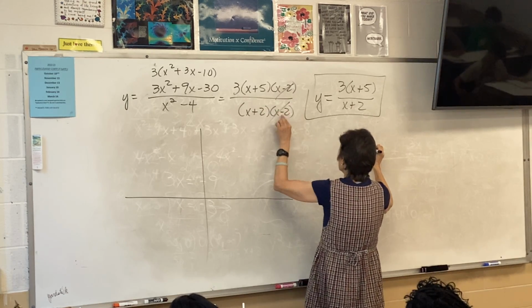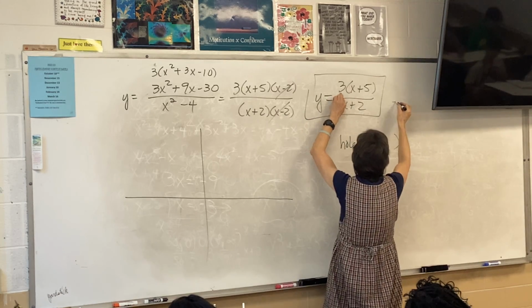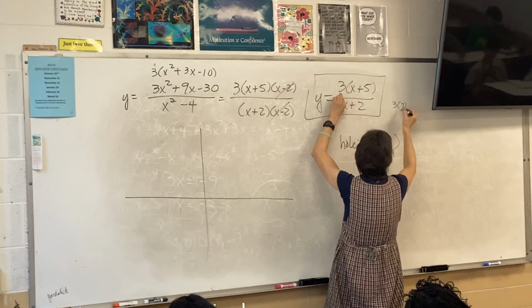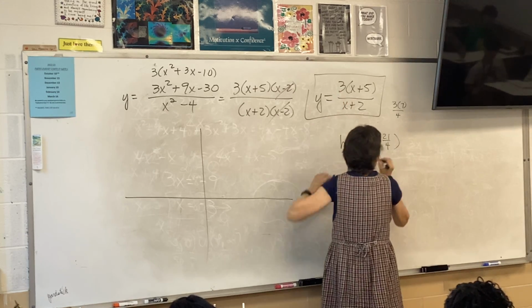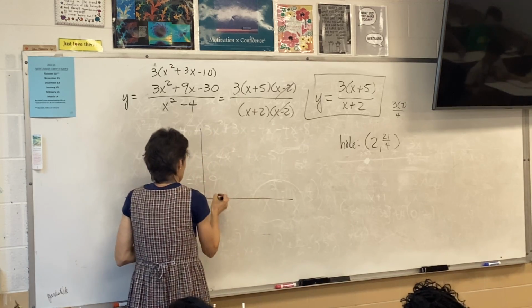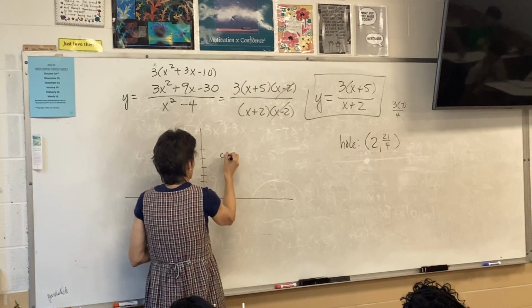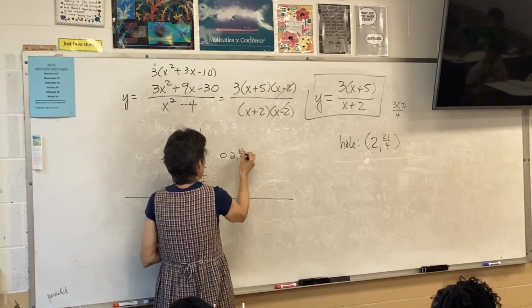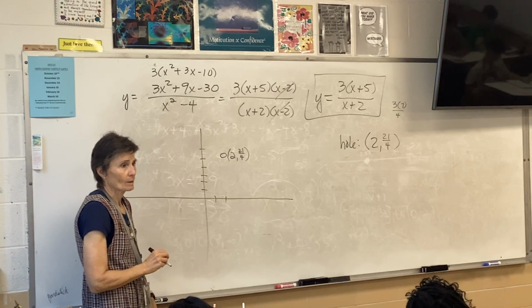What's our x value? 2. And our y value will be 3 times 7 over 4. So 21 fourths, which is a little bit bigger than 5. So 2 comma 21 fourths is my hole. Perfect.